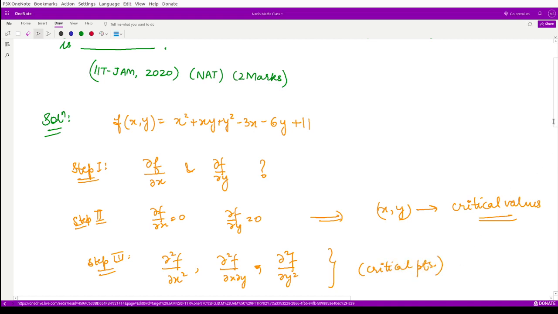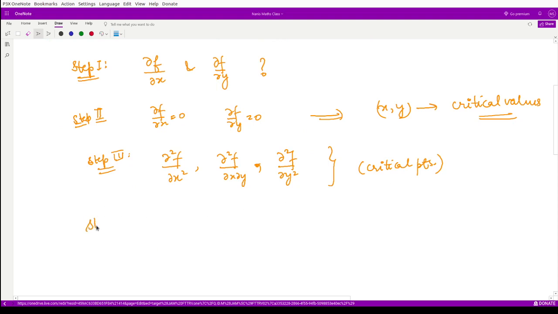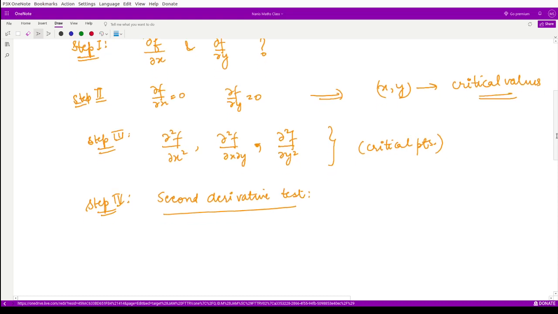Then, in step 4, you will apply the second derivative test. It gives you the conditions for maxima and minima.